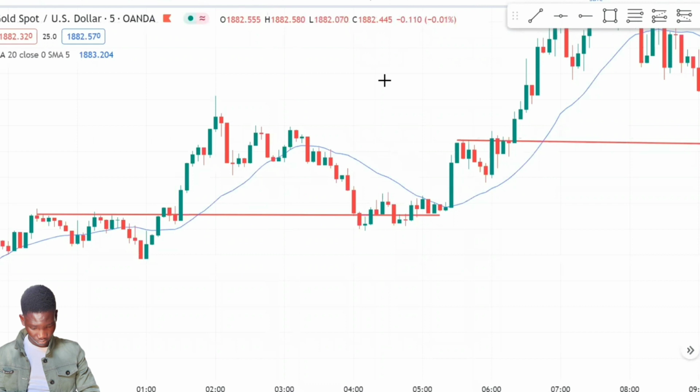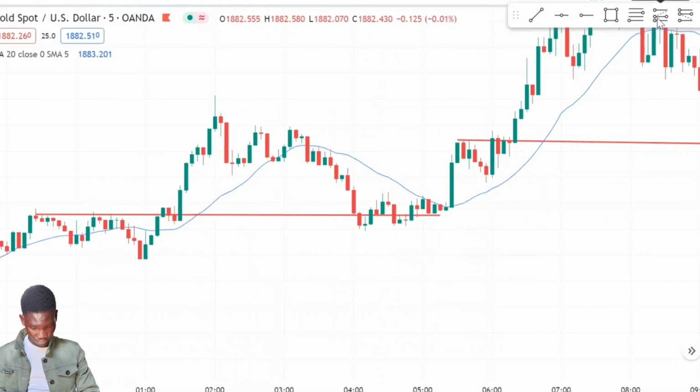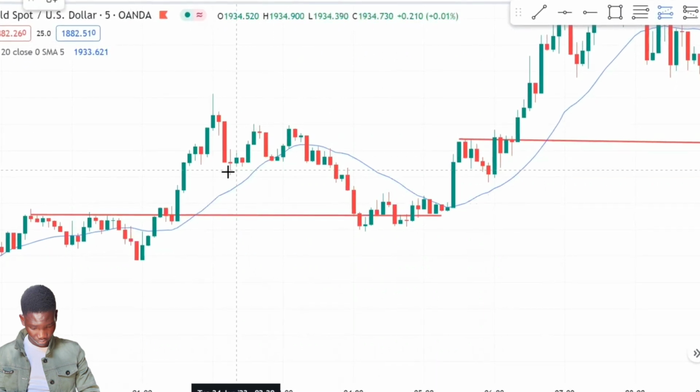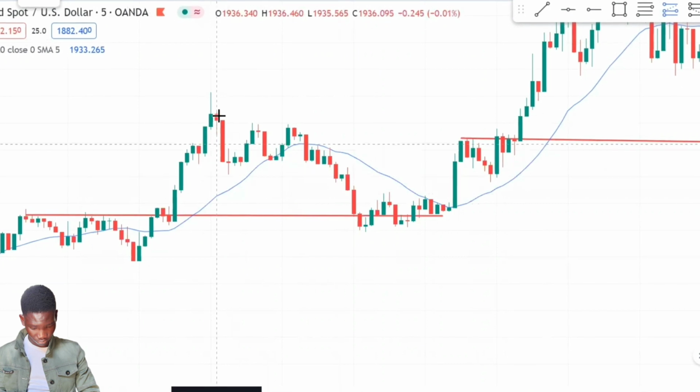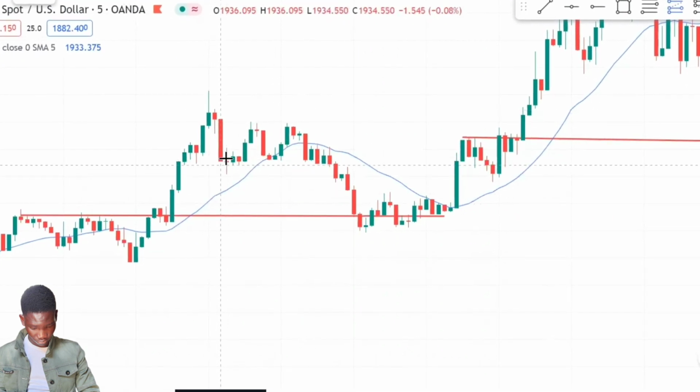So one major mistake traders make is not being patient enough to see the chart retest the initial zone they've broken out of. If I was a newbie trader, what most newbie traders will do is wait here and see that there's an initial pullback here.